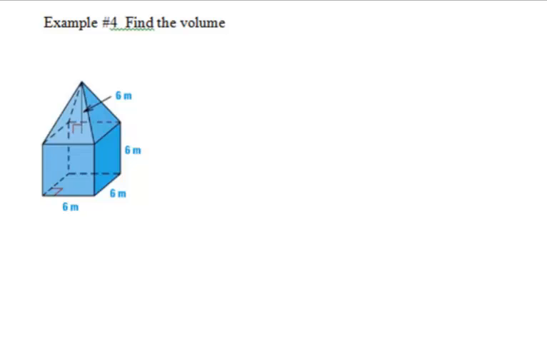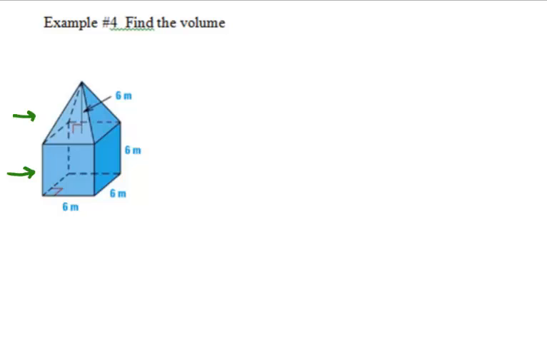Okay, last one here. We're going to look at the volume of this composite solid. So if you look at this, we have on the bottom a cube, and on the top, we have a square pyramid. And so I have to find the volume of each, and then I'm going to add them together.